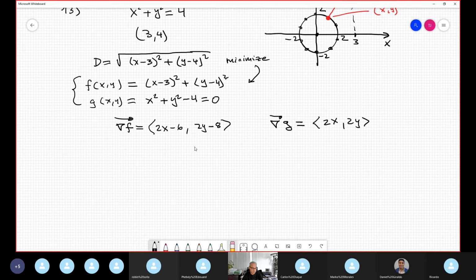The set of equations is: 2x minus 6 equals lambda multiplied by 2x; 2y minus 8 equals lambda multiplied by 2y. Equation 3 is always the constraint.